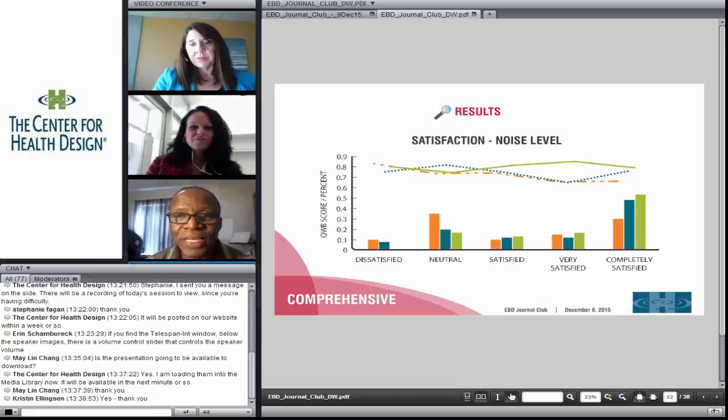There's no pattern saying people who are dissatisfied have a worse health-related quality of life than people who are completely satisfied. It's a noisy relationship. Although the Likert variable, the predictive variable, explains a lot of the variance in the QWB score.